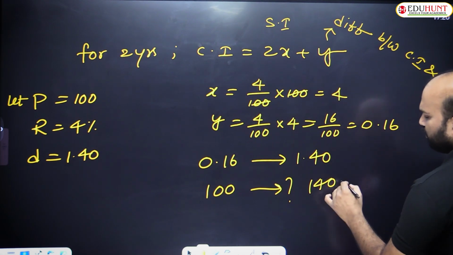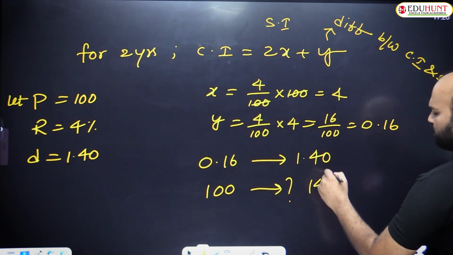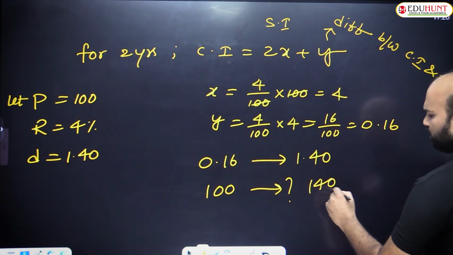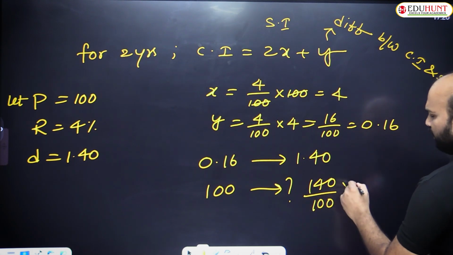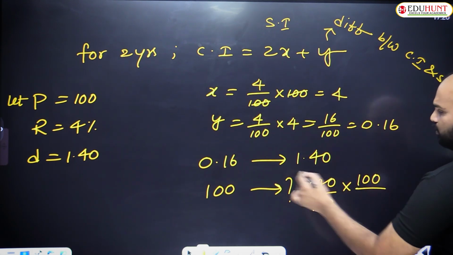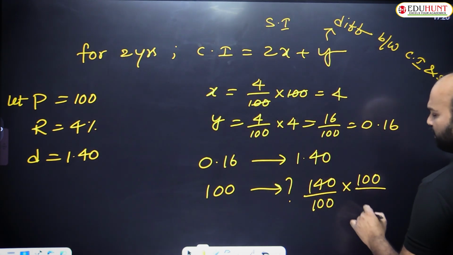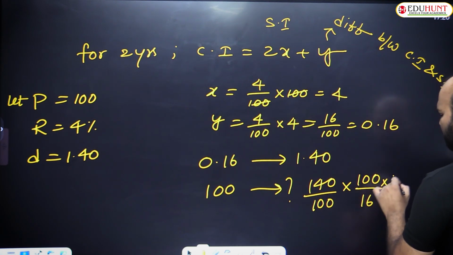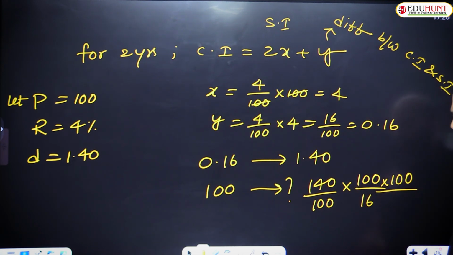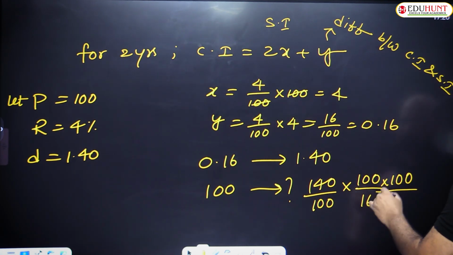140, which is nothing but 1.40, can be written as 100 into 100. And 0.16 can be written as 16 by 100; according to reverse order, the reciprocal of 16 by 100 is 100 by 16.